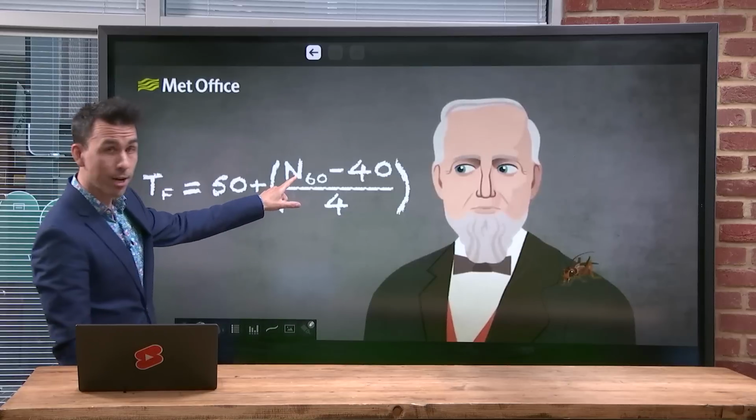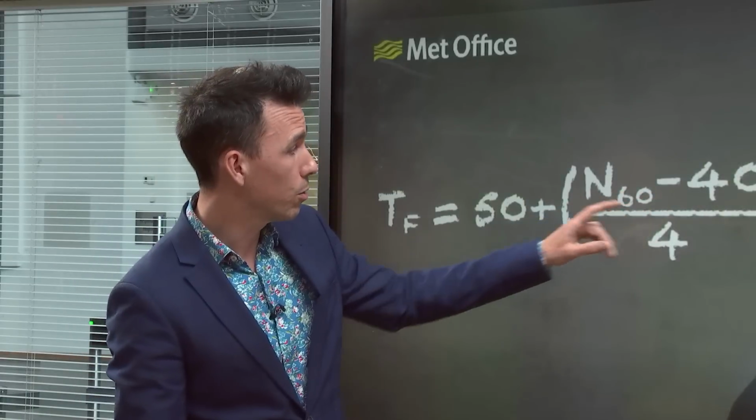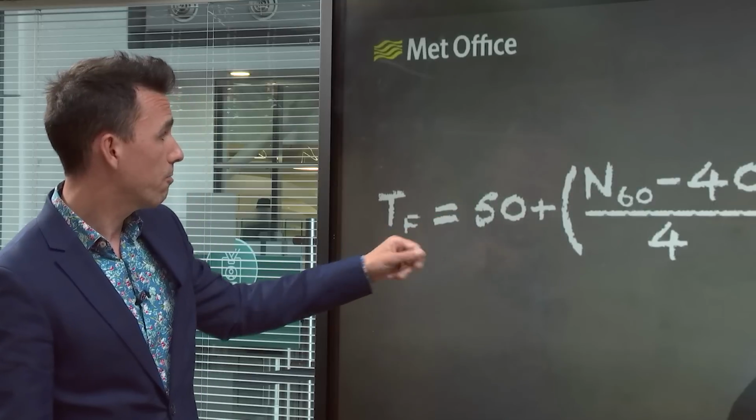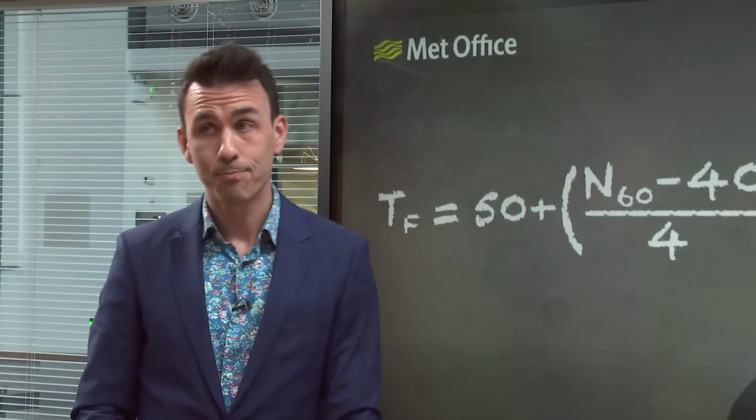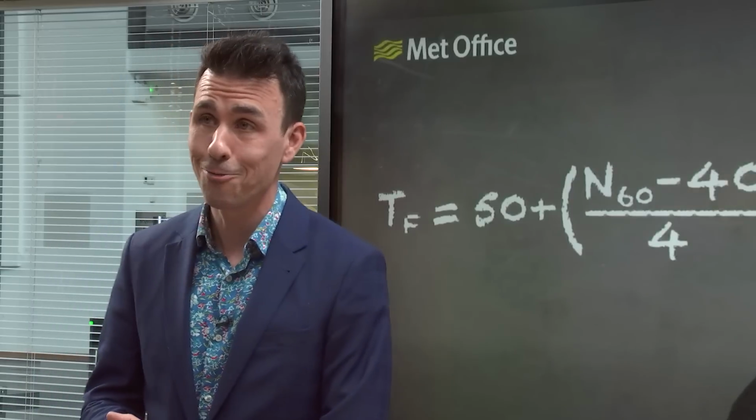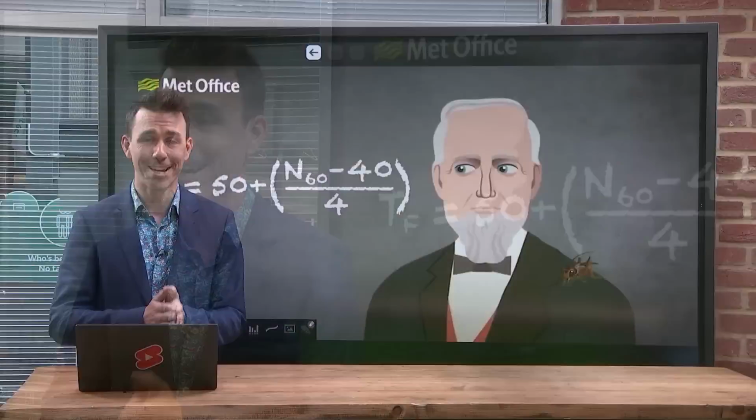The number of cricket chirps in a minute minus 40, all divided by 4, plus 50 is the temperature in Fahrenheit.